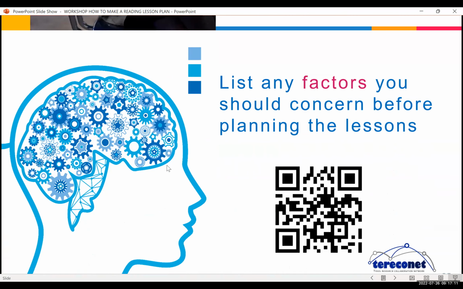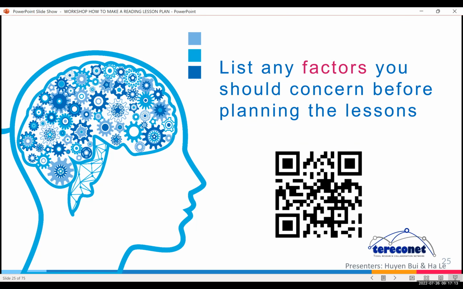Please help me to list any factors you should be concerned about before planning the lesson. You can scan the QR code, please, or you can use the link that I sent to you.